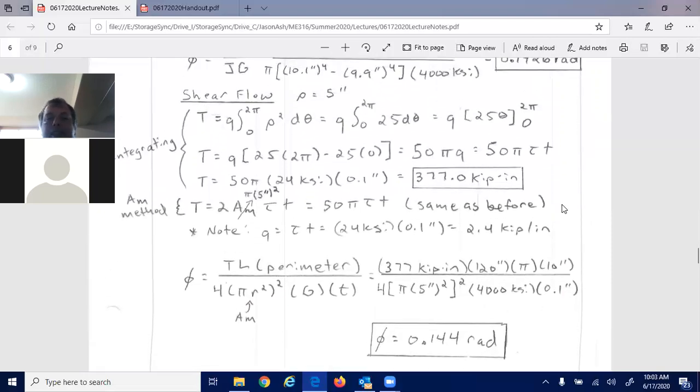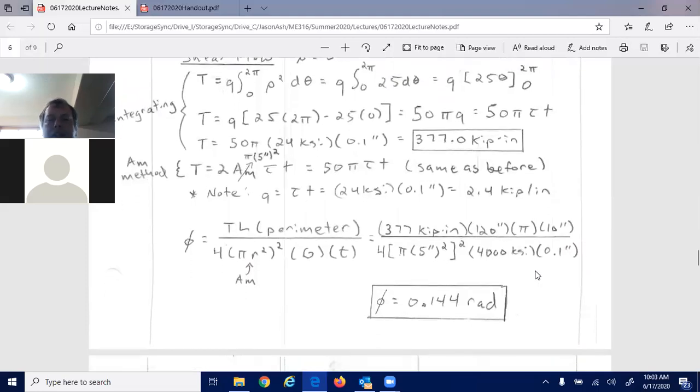Pi times 10 is the circumference of the mean circle. So pi times diameter divided by 4 times pi times 5 squared, quantity squared.